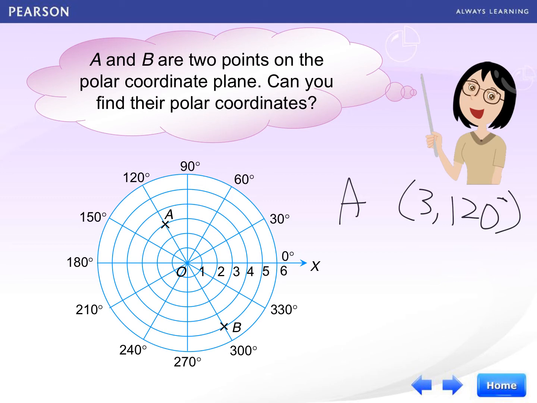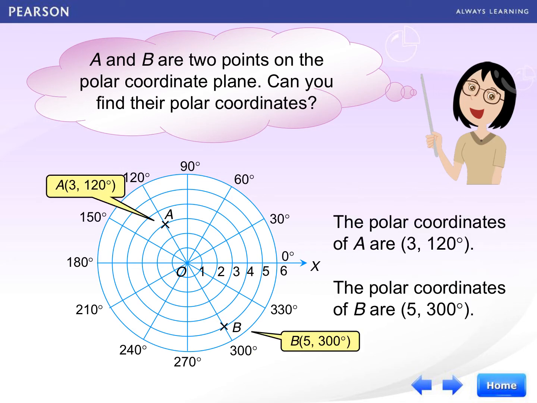For B, the radius vector is 5, and the polar angle is 300 degrees. So the polar coordinates of B are (5, 300°). So actually, you can write it like this.